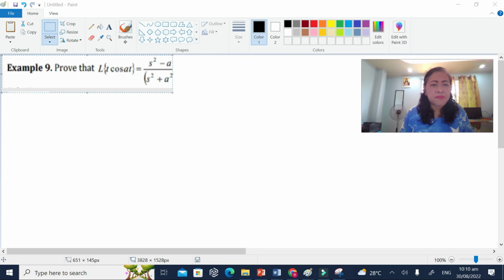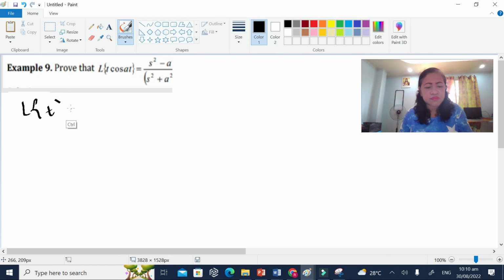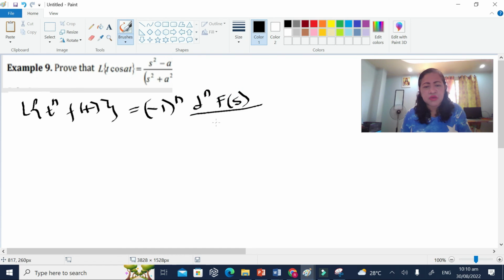You will notice here you have a multiplier of t. So our Laplace of t to the n times the function of t is equivalent to negative 1 raised to the n times the nth derivative of the function of s.